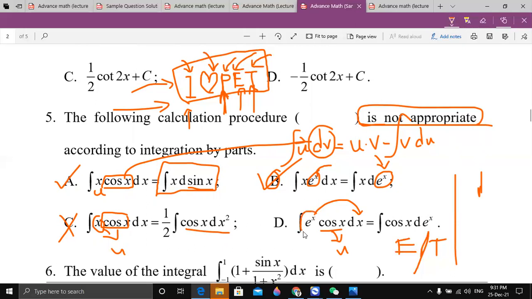To convert it to dv, we have to find the integration of e to the power x. So integration of e to the power x is also e to the power x. So ultimately the answer is integration of cos x d(e to the power x). So this one is also correct. That means option C is our answer.